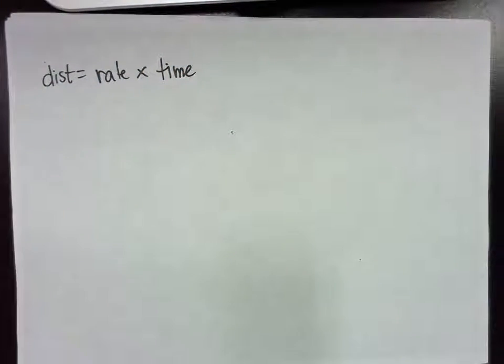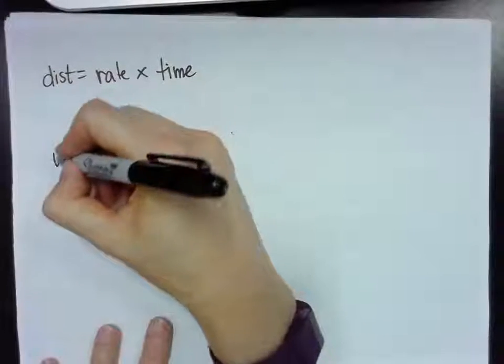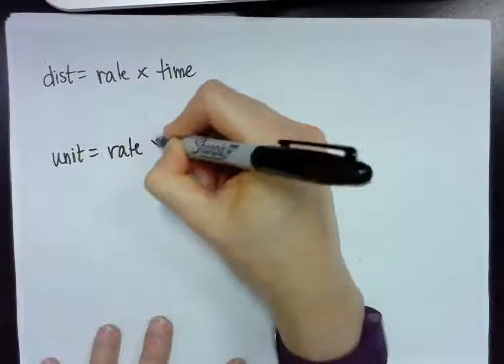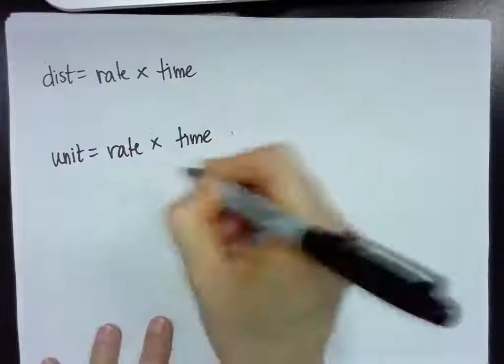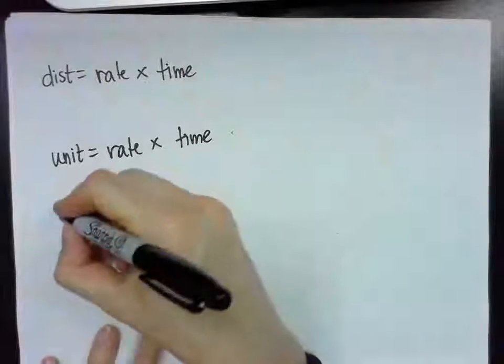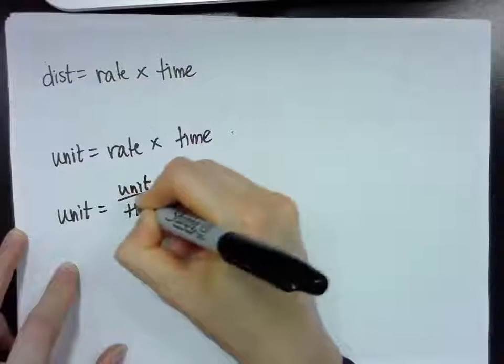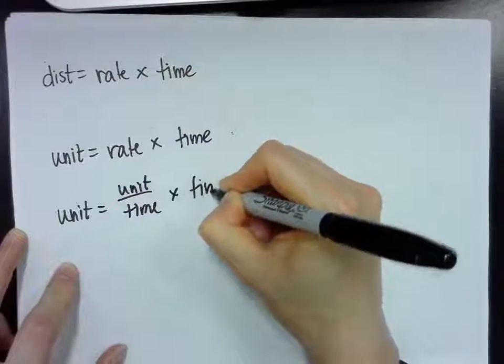Okay, and all of these rate problems are really related to that kind of formula, but it won't always be distance. In general, what we'll have is some kind of unit equals rate times time. And that rate is just, think about it, you're going to have units equals unit per time times time.